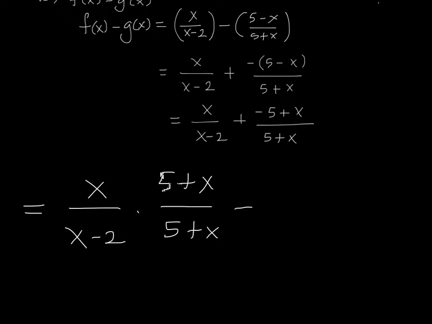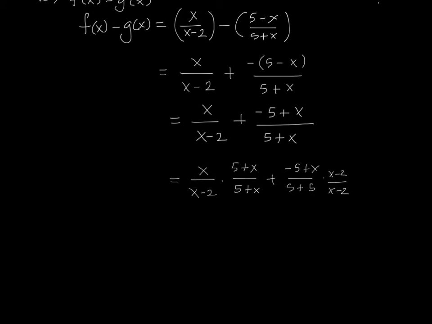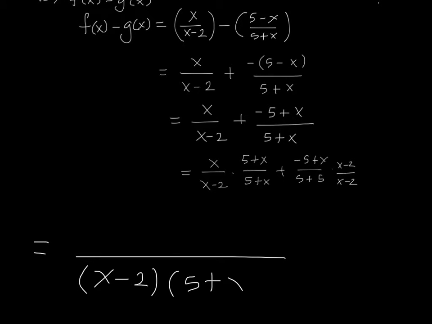And I'll multiply the second one by x minus 2 over x minus 2. Now I'm ready to set this up as a common denominator of x minus 2 times 5 plus x.